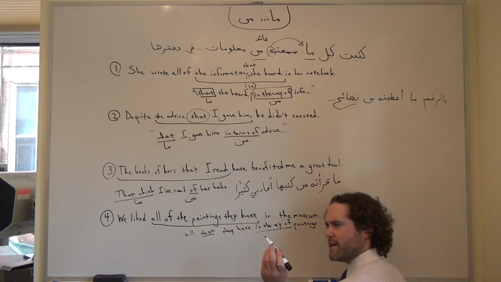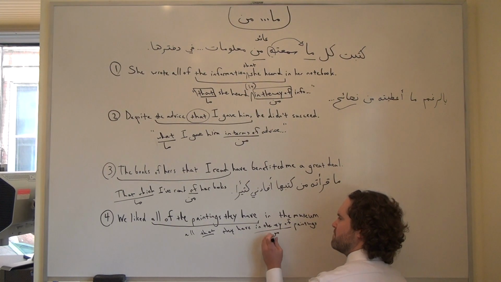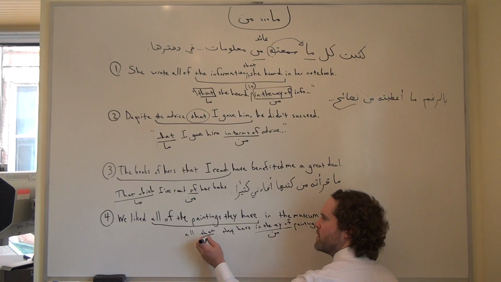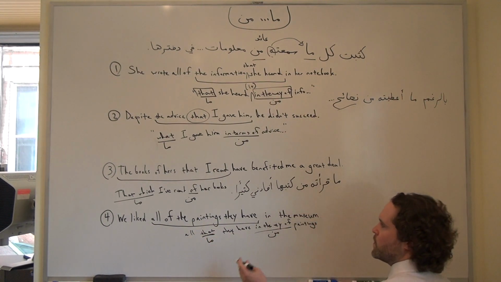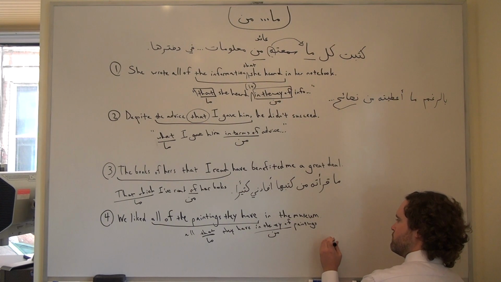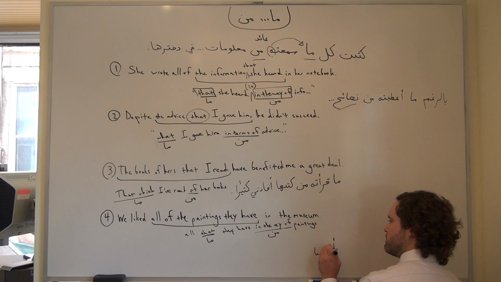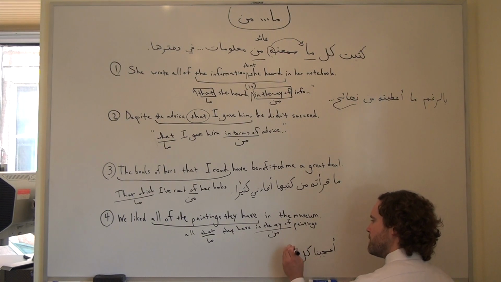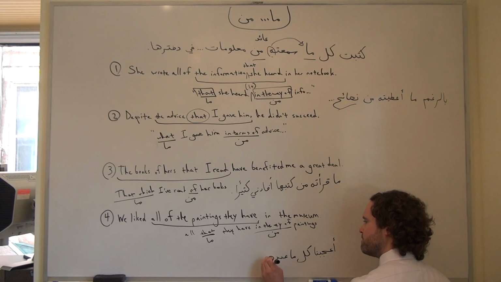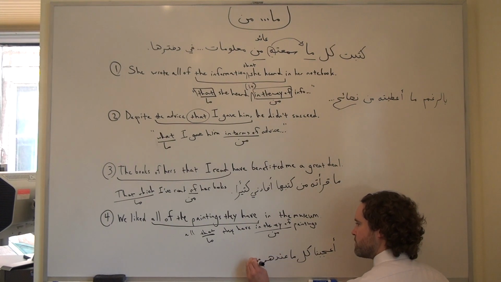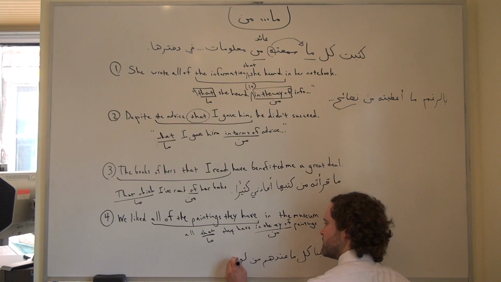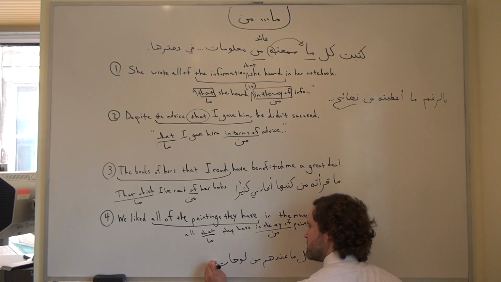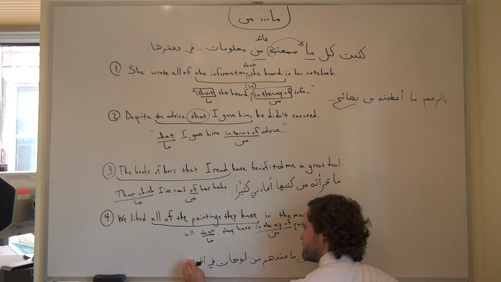So, in the way of, lots of words, just one syllable in Arabic. All that they have, ma. So, أعجبنا, or it pleased us, is sort of what we're saying. كل ما عندهم من لوحات في المتحف.